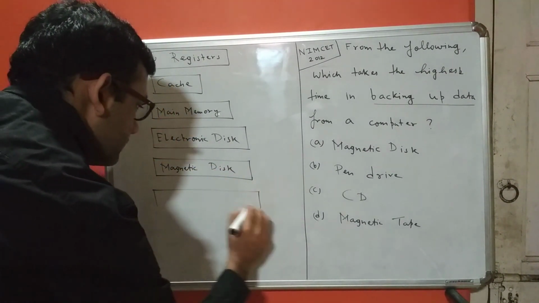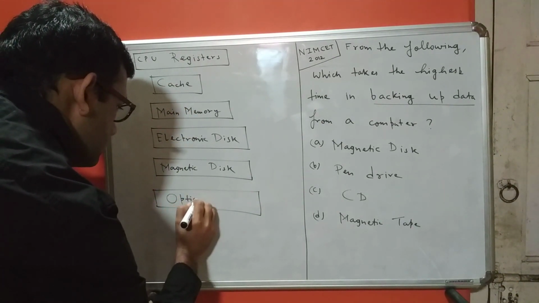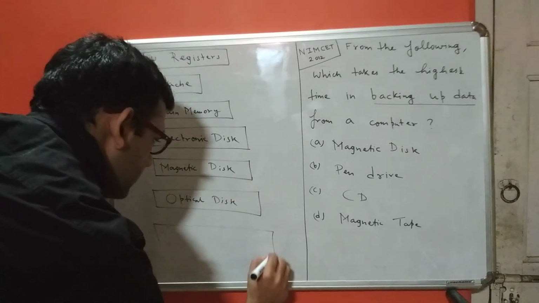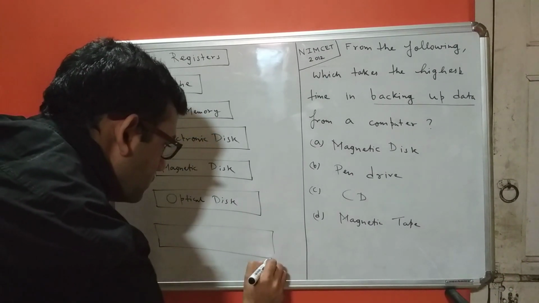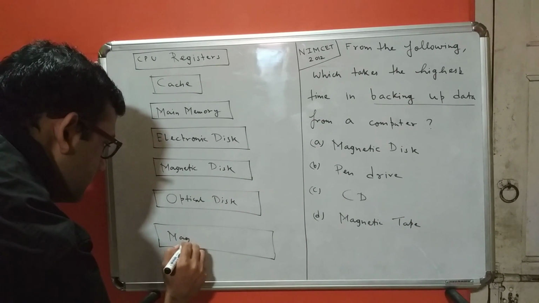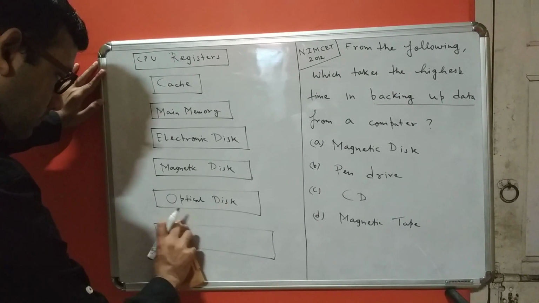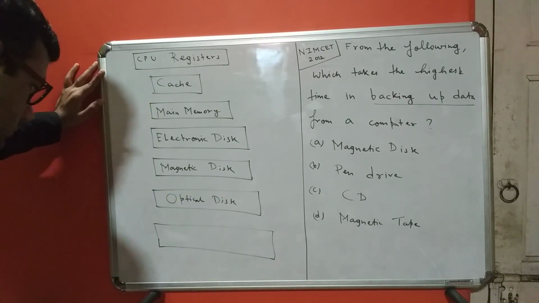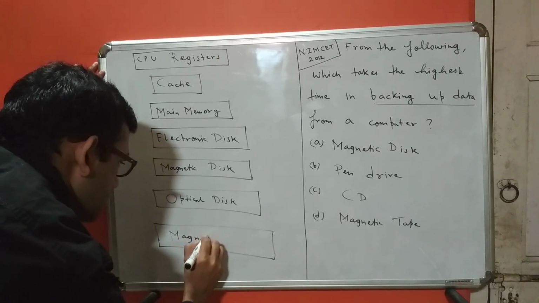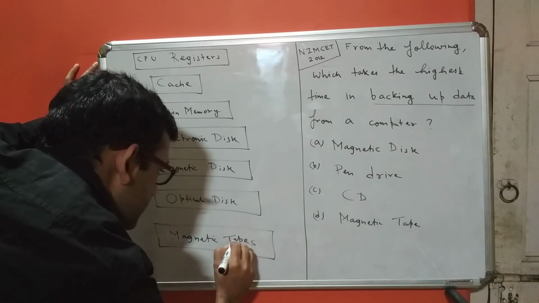Below it we have optical disk, and finally right at the bottom we have magnetic tapes.